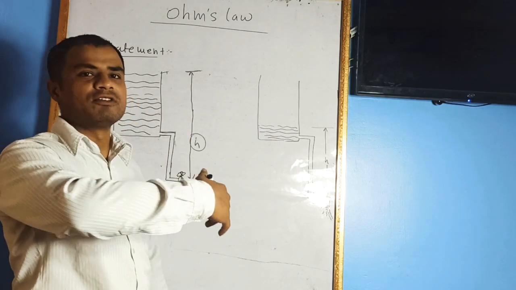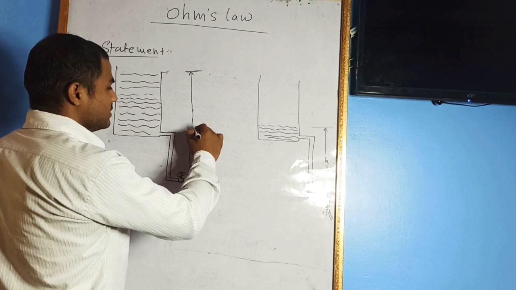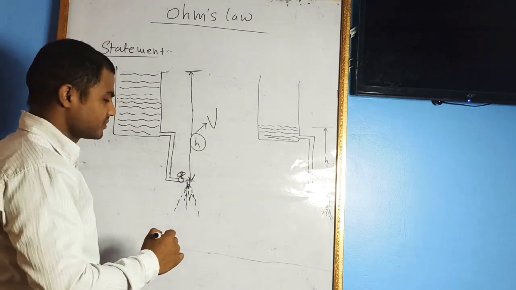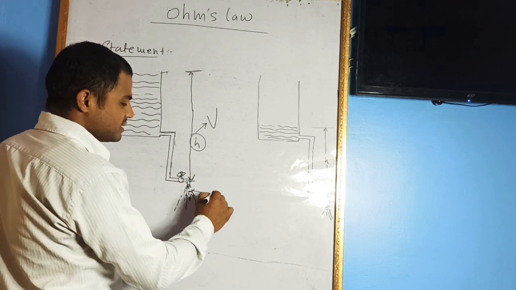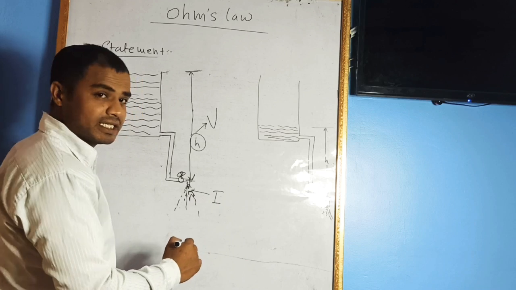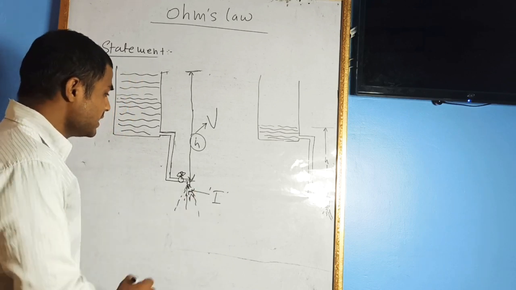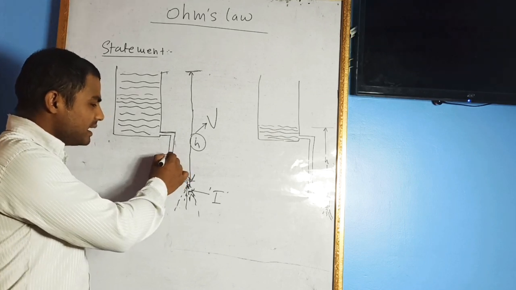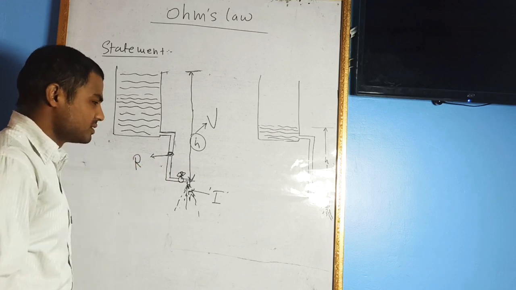Similarly, we can compare the flow of water with the flow of electric current. The head is just like voltage, and the flow of water is just like the flow of electricity, the electron current, and the diameter of the pipe denotes resistance.